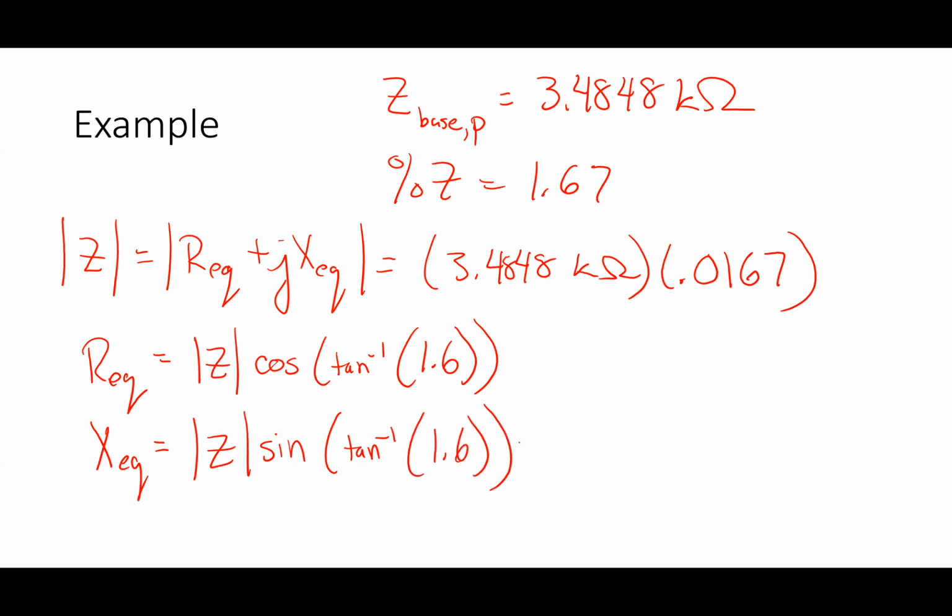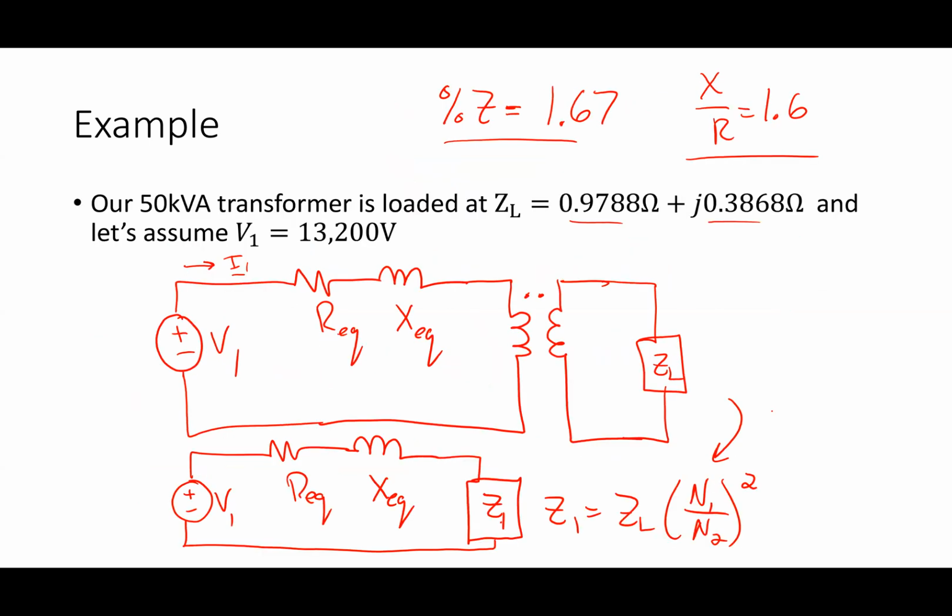All right. And if I do those calculations and I come up with those numbers, what I end up with is 30.8439 and 49.3502. Okay. Now with that, if I do the reflected version of the impedance, in other words, I just take this impedance here and multiply it by the turns ratio squared, I've got everything I need to solve for I1 at that point, right?